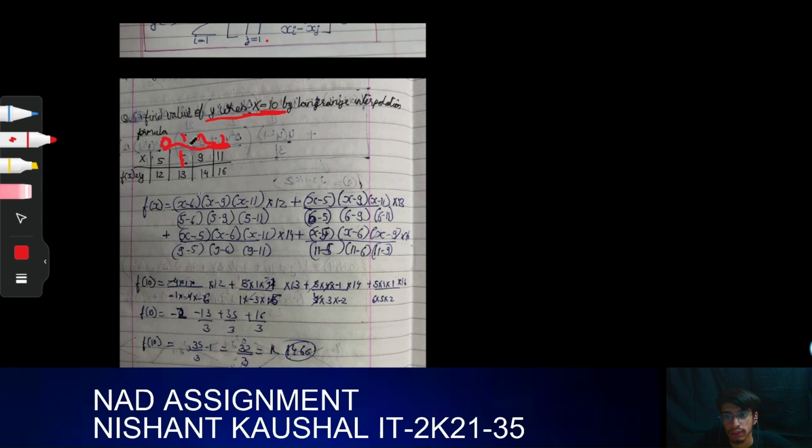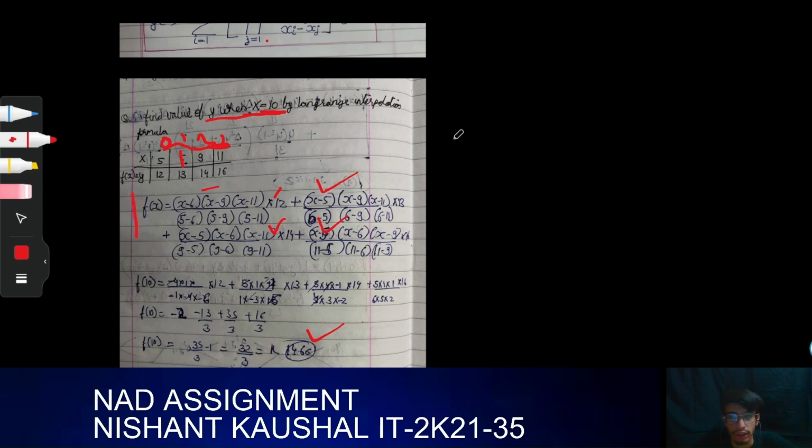So x minus x1, x minus x2, x minus x3 upon xi minus xj. Here i is 0. So x0 minus x1, x0 minus x2, into y of 5. Similarly, we do the same with the other terms, and after solving this whole equation, we will get the value 14.666.